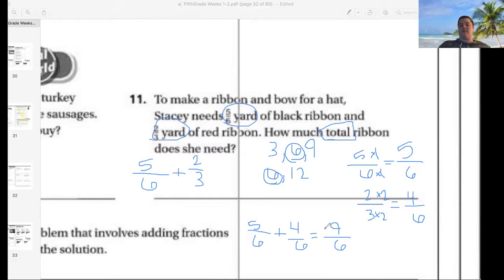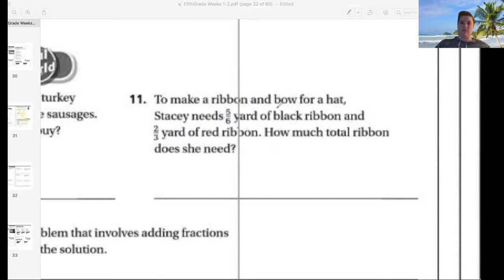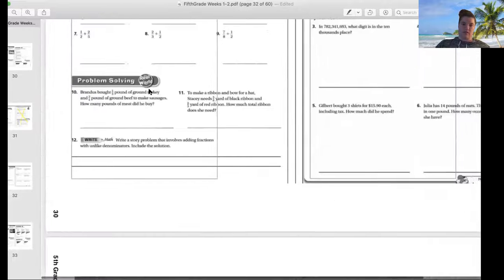And then again, this is an improper fraction, but for today, that's an acceptable answer of 9 sixths. Really, it would be 9 sixths yards of ribbon, but 9 sixths is the big thing I'm looking for. All right, so if I zoom out, let's see if I can remember exactly.